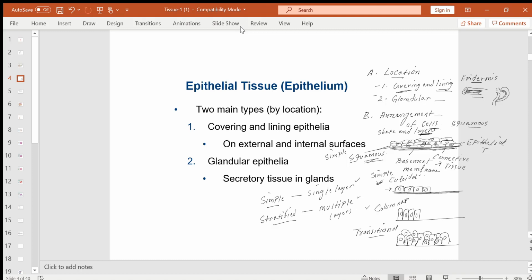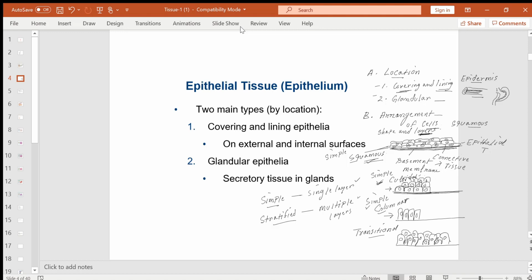Now if I add more layers, now it is what? Stratified cuboidal. Makes sense? So this is now stratified cuboidal. This is simple columnar, single layer of columnar cells. So simple columnar.